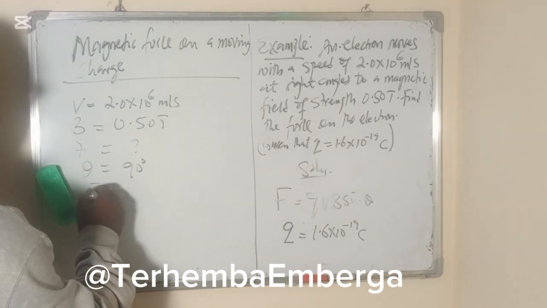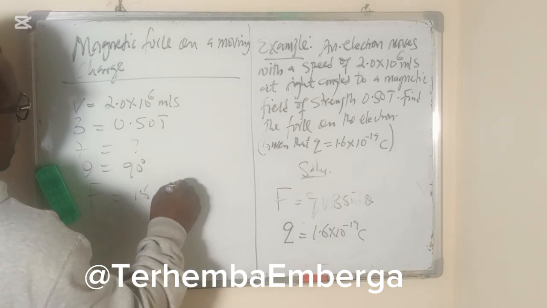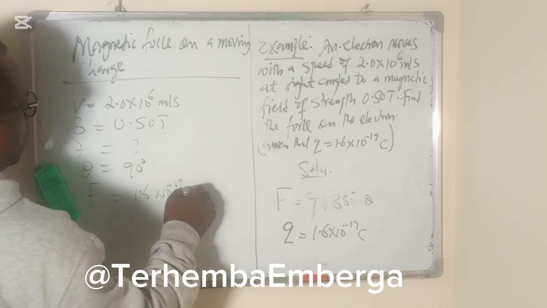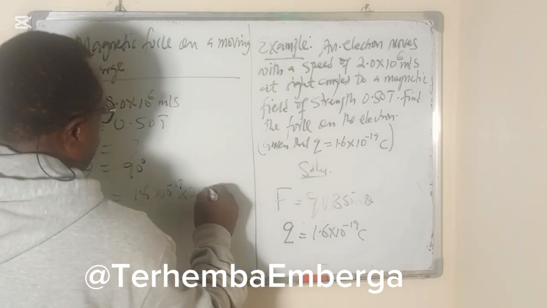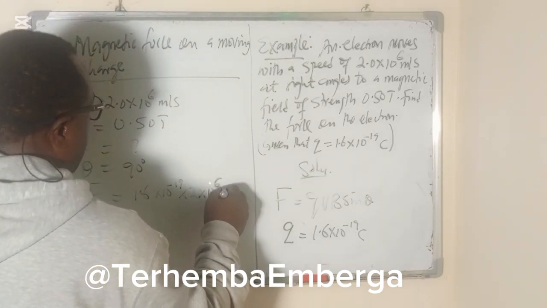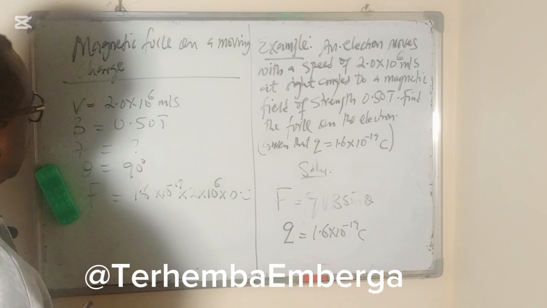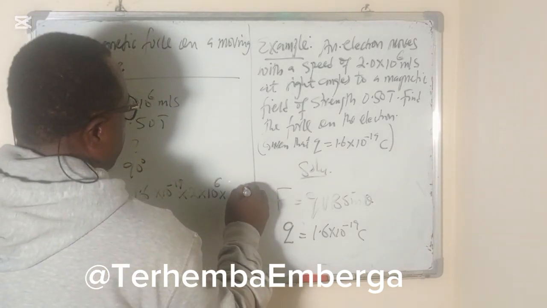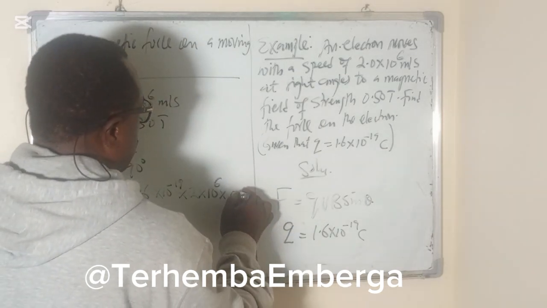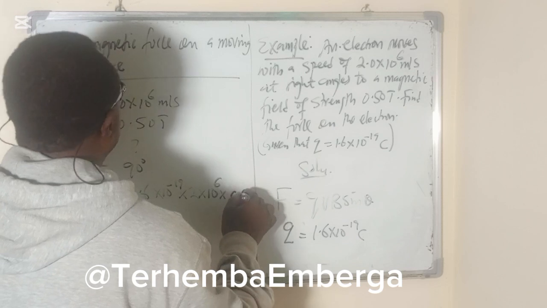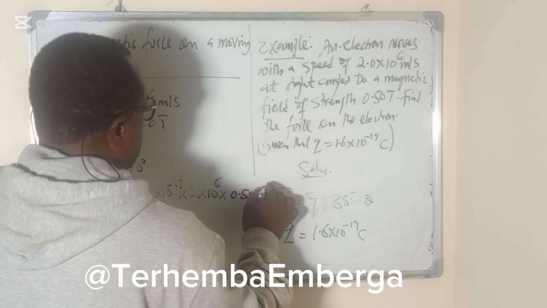So we can now say that force is equal to 1.6 times 10 raised to the power minus 19 times 2 times 10 raised to the power 6 times 0.5 times sine 90 degrees.